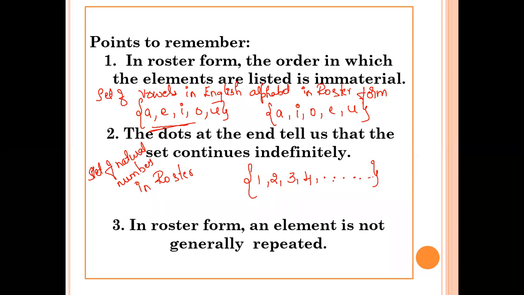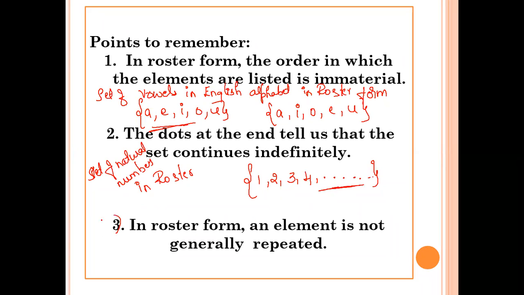If you write 4 elements and put dots for the rest, what does that mean? The set continues indefinitely, with countless numbers. You cannot list all those numbers. That is what this dot means.